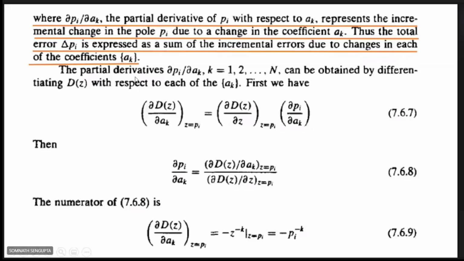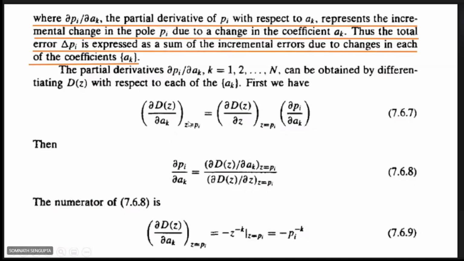So the partial derivatives dou pi by dou ak can be obtained by differentiating D(z) with respect to each of the coefficients ak.